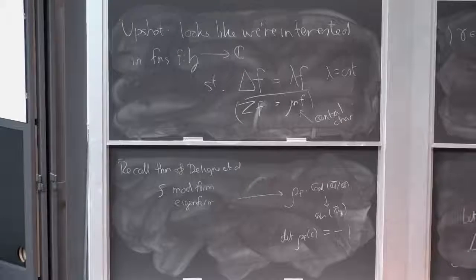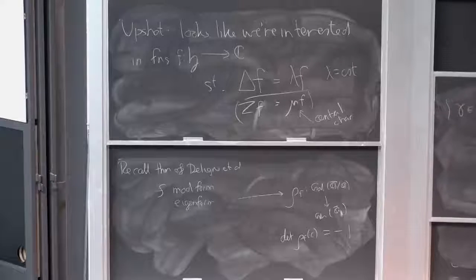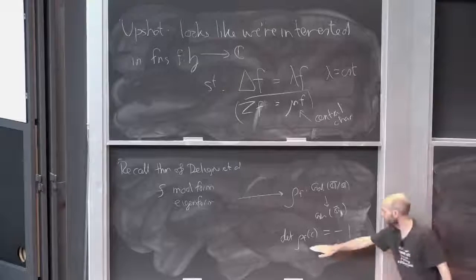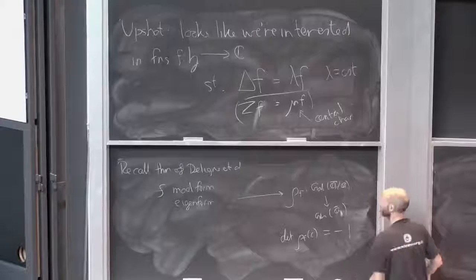The Weil pairing is some alternating pairing, and it forces the determinant to be the cyclotomic character, and the cyclotomic character sends complex conjugation to -1 because it maps every root of unity to its inverse. So there's a story behind that, but at the end of the day, det of rho for complex conjugation is -1.